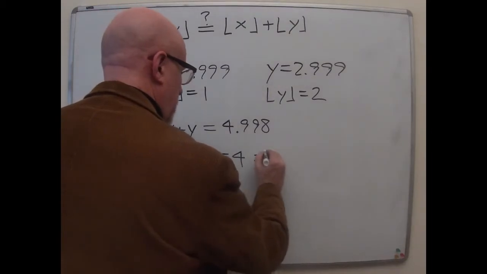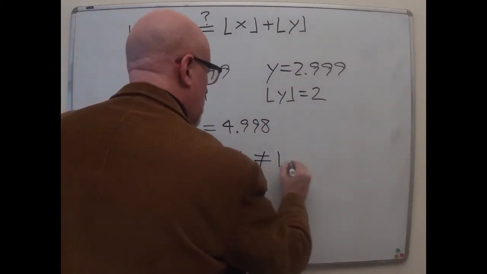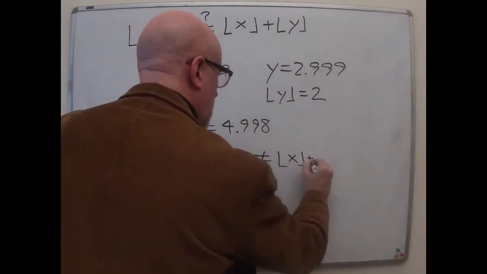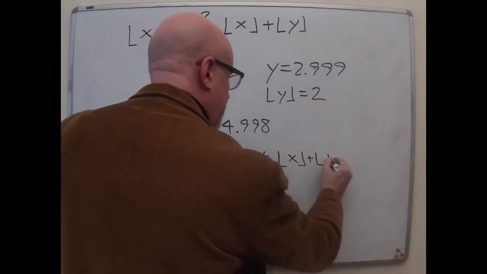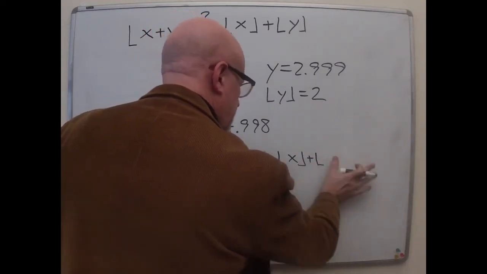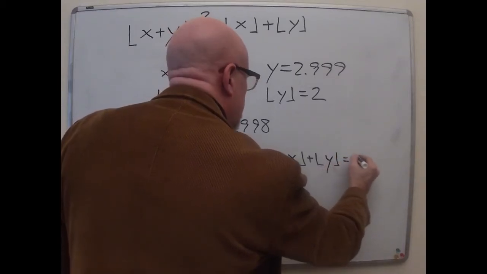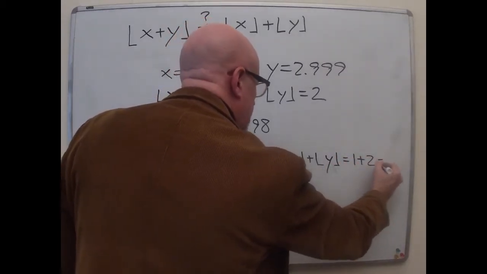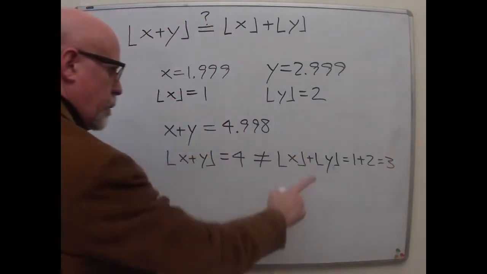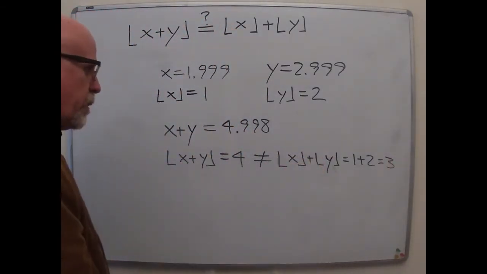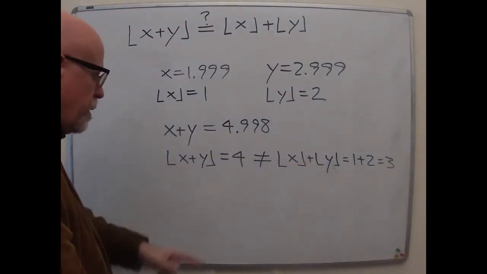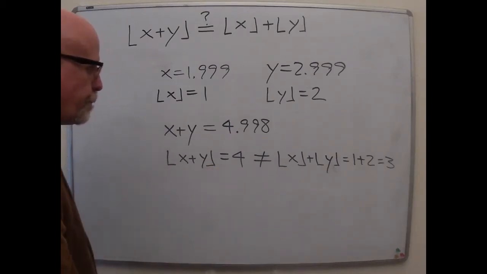And that's not the same as 4. Sorry. Right? On the sum of the floors, we get 3. On the floor of the sum, we got 4. They're not equal.